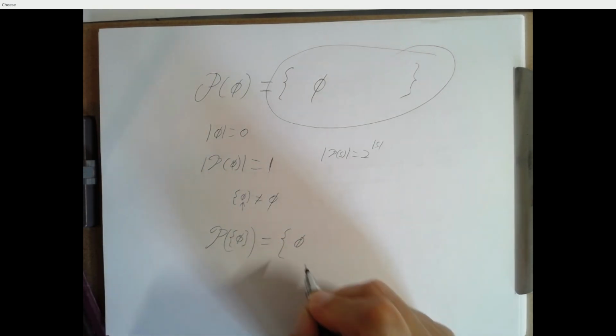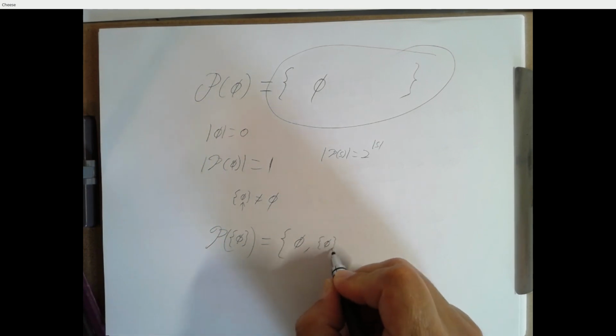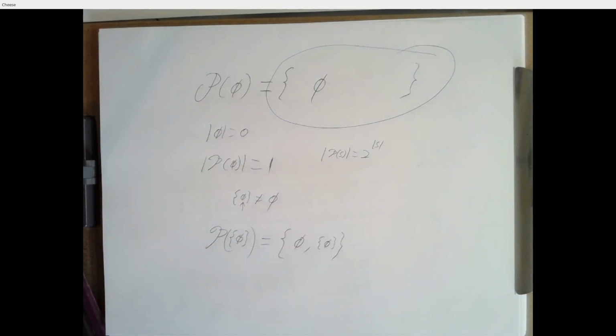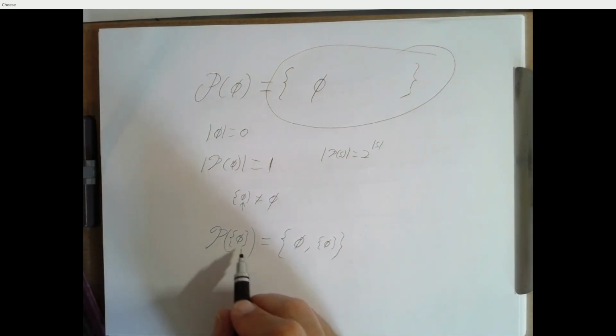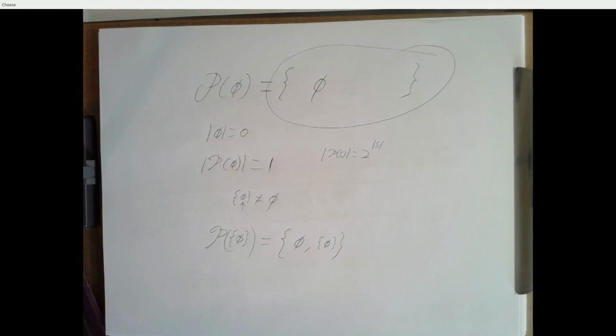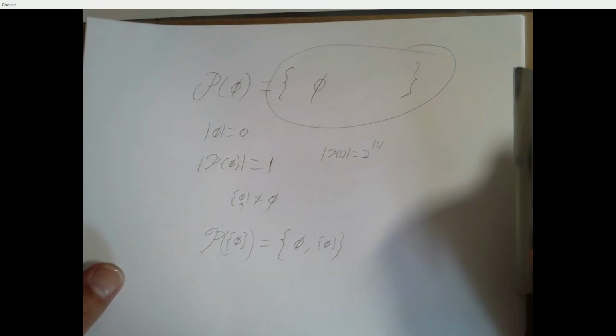The empty set, which is always a subset, and the set itself, which is always a subset. And that's it. And this set is different from this set, which is different from this set. And we can go off the deep end with this. We can start doing all kinds of crazy derivations just by taking power sets of the empty set and so on. We won't go there right now, but we may come back to that later.